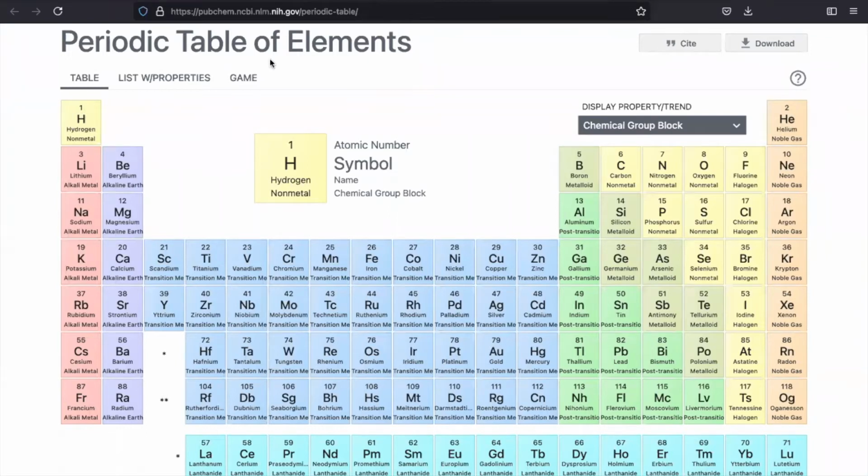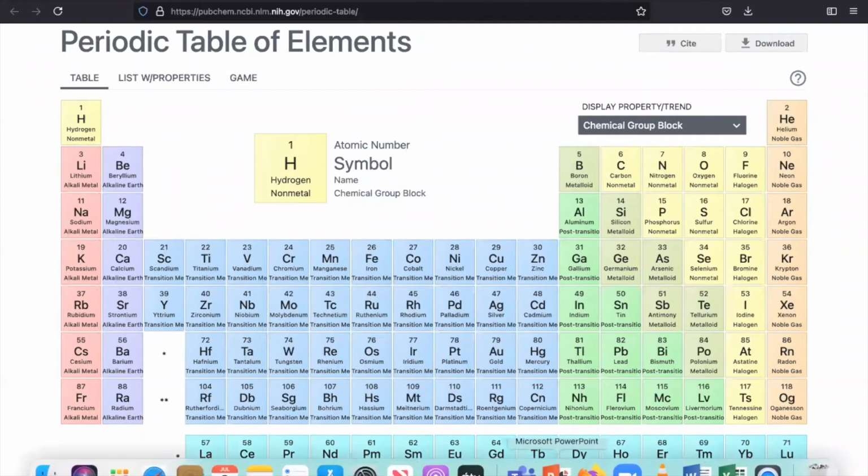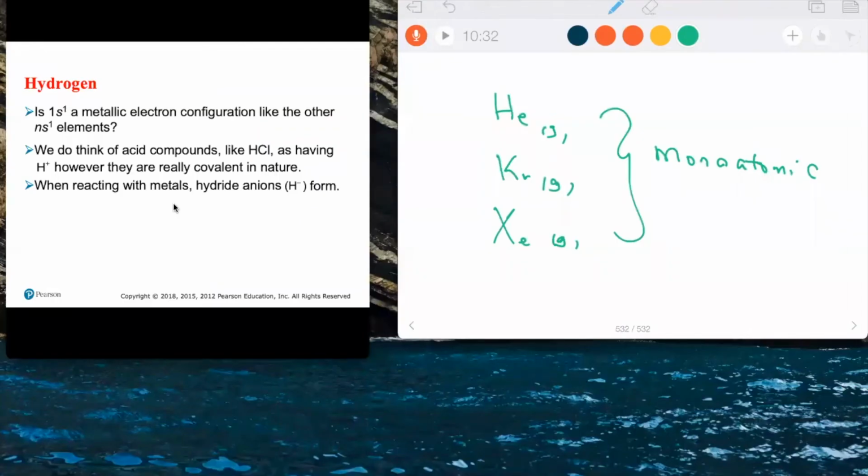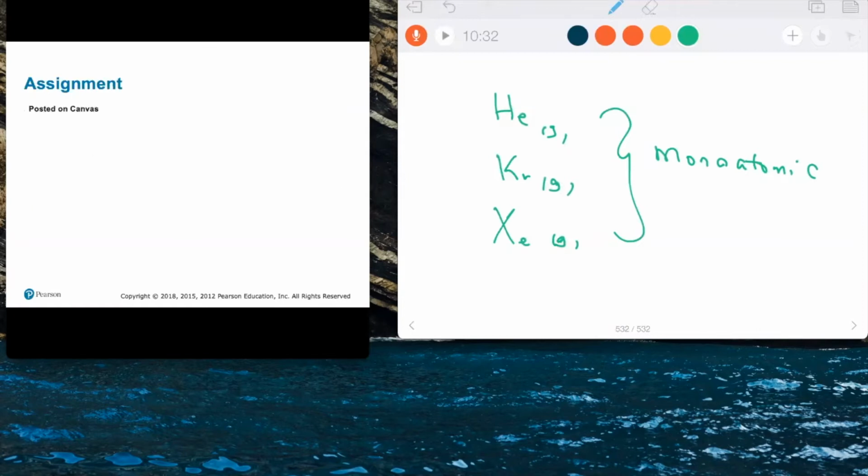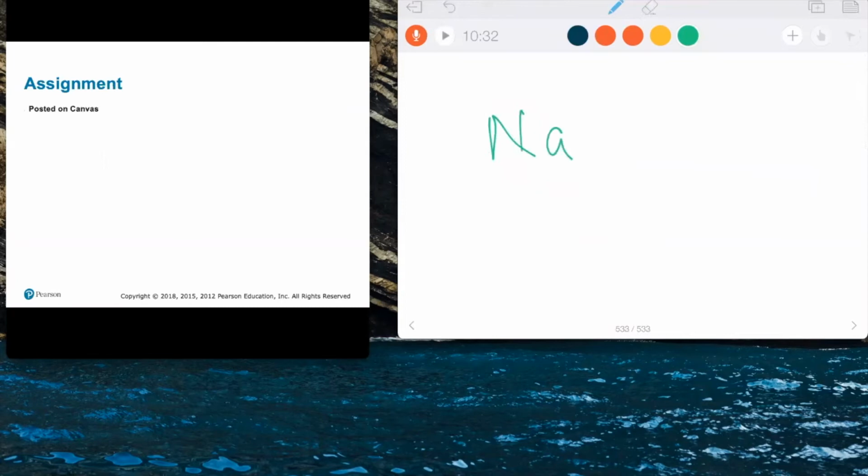That means it has the ability to react as a metal and to react as a non-metal. It has a 1s1 electron configuration. That means it can lose that to form compounds such as HCl, but when it reacts with a metal, they form what we call metal hydride. For example, sodium hydride, NaH. In this case, it has gained the electron from sodium.